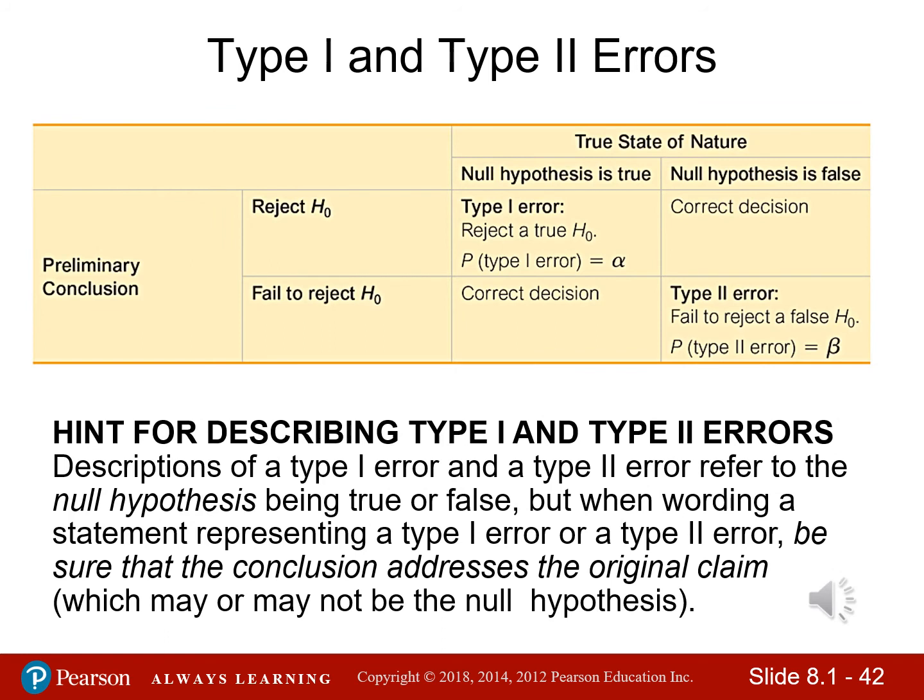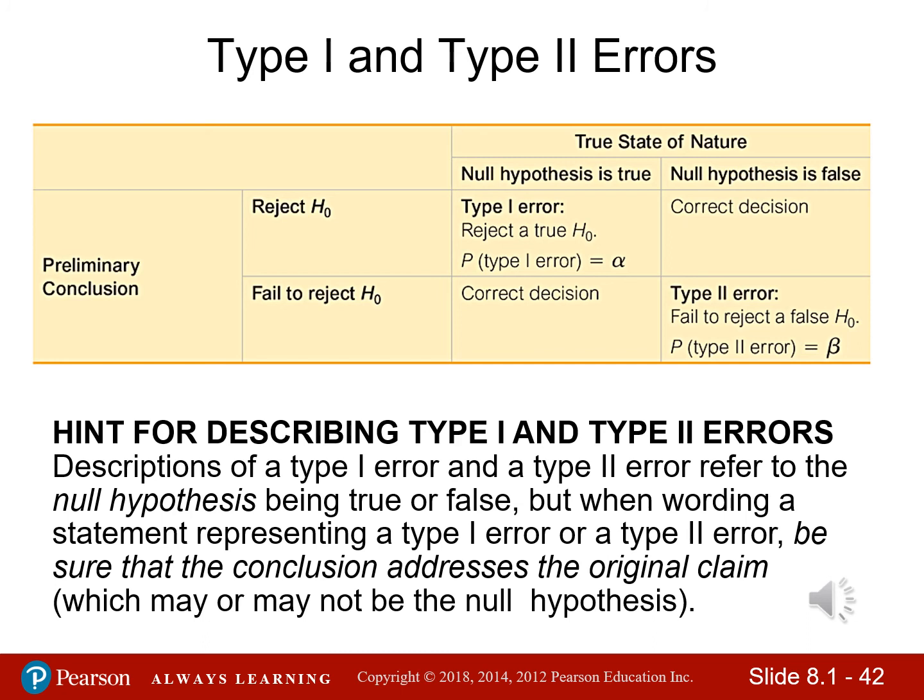This table summarizes the possible outcomes for a hypothesis test. There are 4 possible outcomes when we draw a conclusion based on our hypothesis test. First, we can reject the null hypothesis, but in reality, the null hypothesis is true. This scenario is a type 1 error. Second, we can reject the null hypothesis, and in reality, the null hypothesis is false.